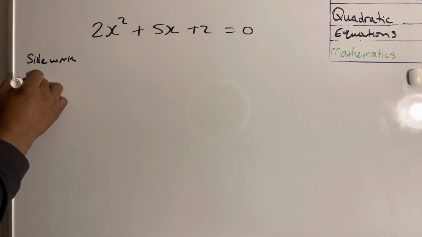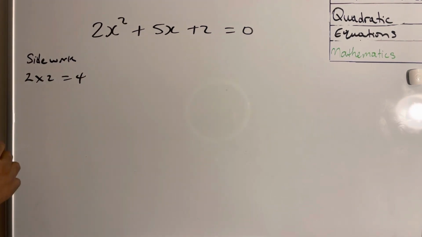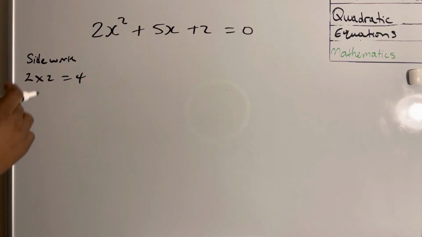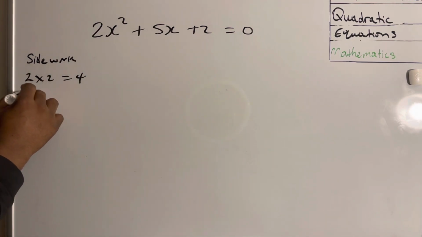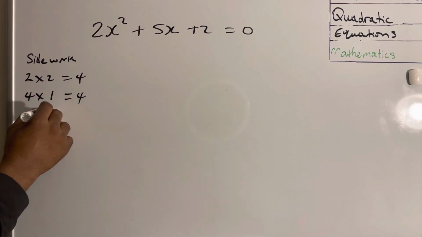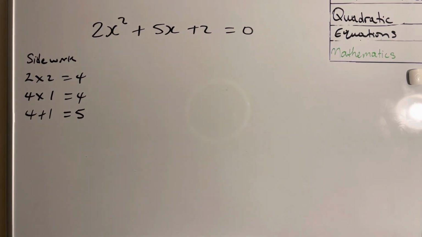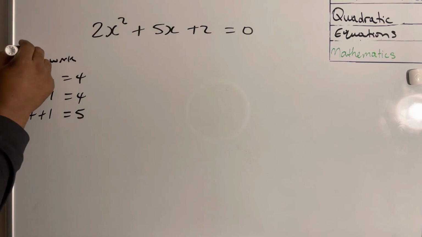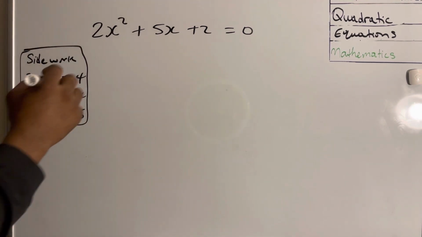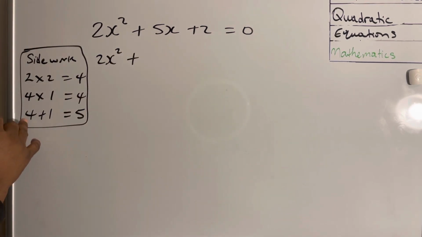We say the coefficient of x squared times the constant equals 4. Then we need two numbers that when we add them, we get 5, and when we multiply them, we get 4. If this is all good, then we can go ahead and replace the b term with these two numbers.